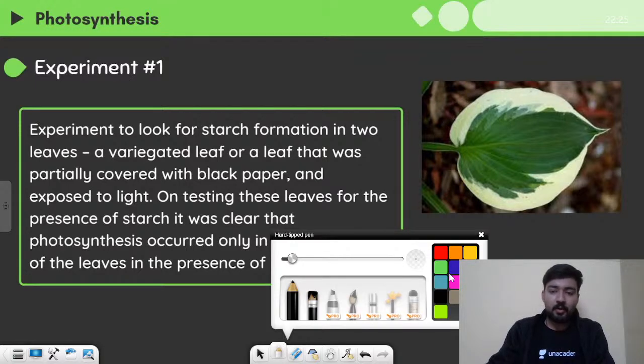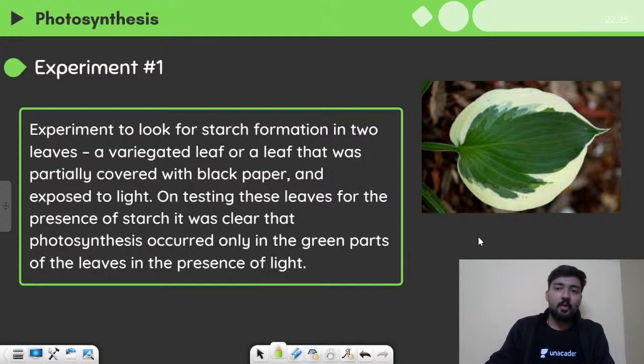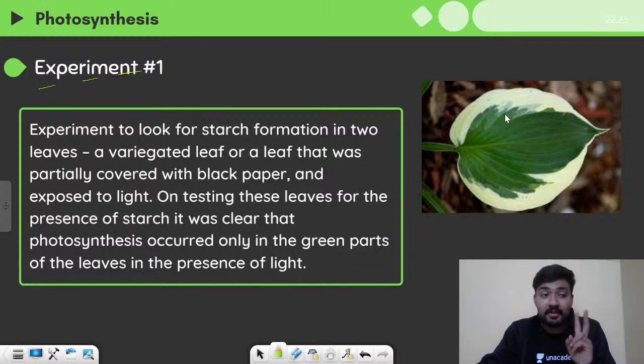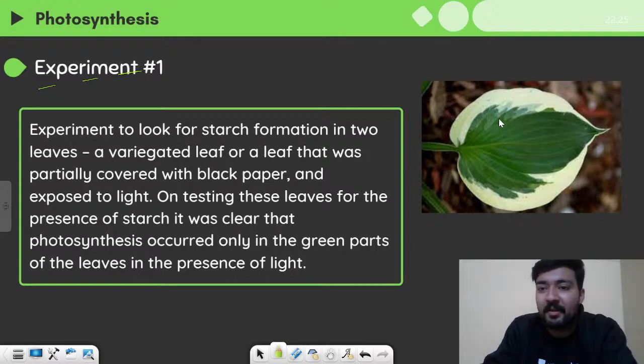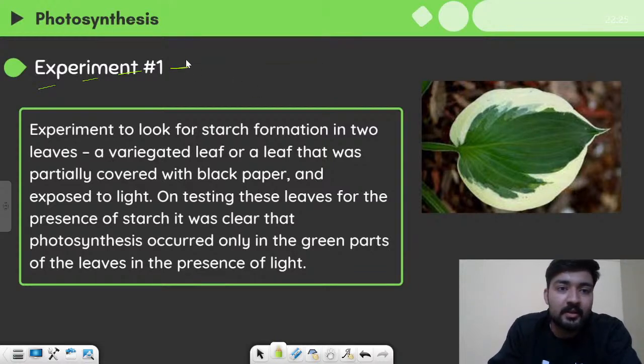And now let's talk about a few experiments that gave us a better understanding of photosynthesis, right? So the first experiment is the experiment which expresses the importance of sunlight and chlorophyll pigment. Yes, the green colored pigment which makes all the leaves appear green is the chlorophyll pigment. So let us talk about it.